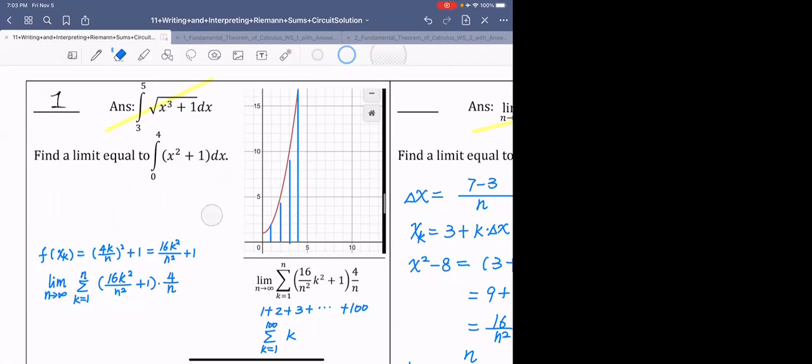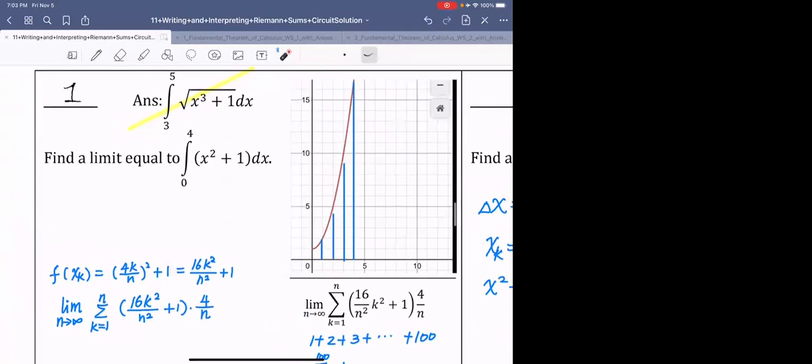When we do the conversion of the integral, you have this function and you have the lower bound and the upper bound, okay? And when you do this, you are calculating the exact area between 0 and 4 under this curve.